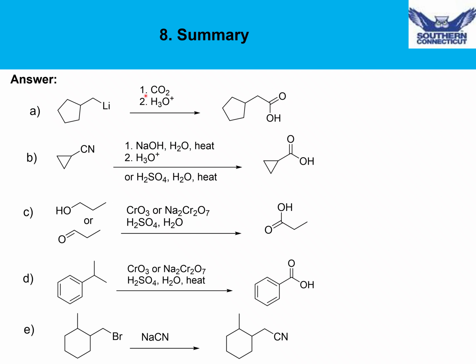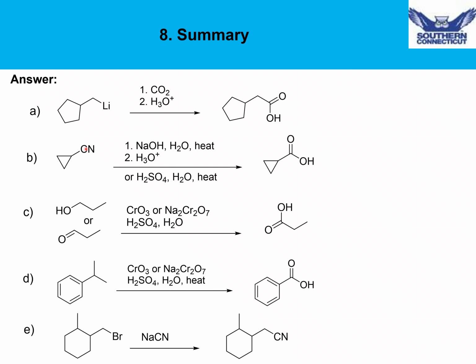Adding CO2 to an organolithium or even a Grignard reagent will lead to adding a carboxylic acid to the carbon where the metal is. By adding aqueous acid in the second step, we will make sure that the oxygen is protonated, giving us the carboxylic acid.